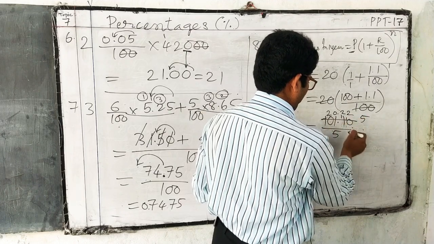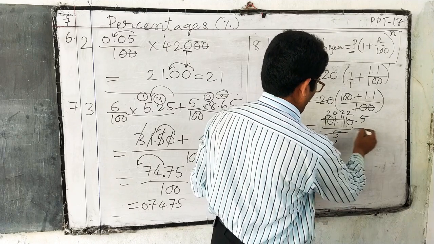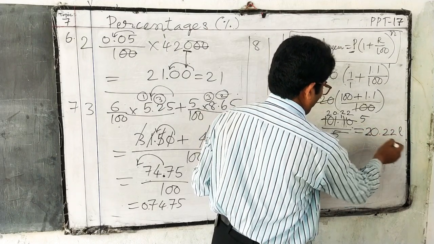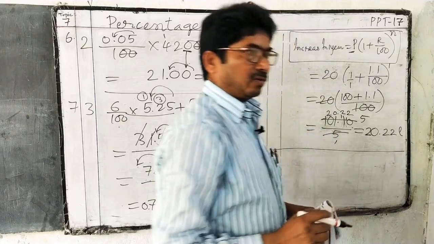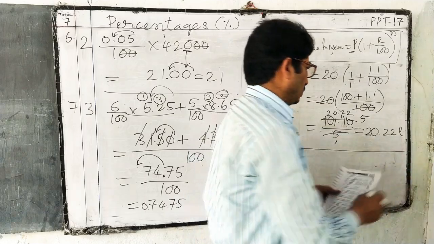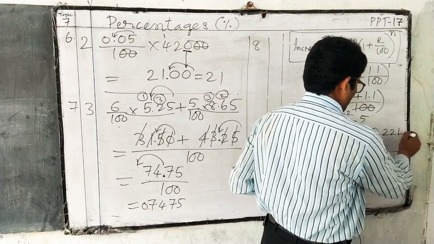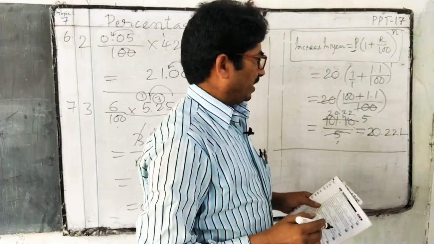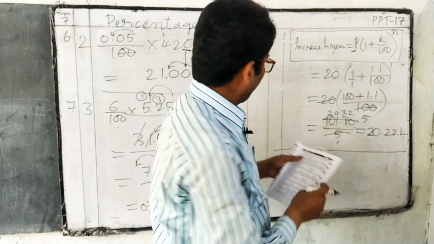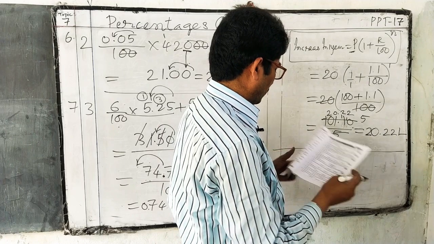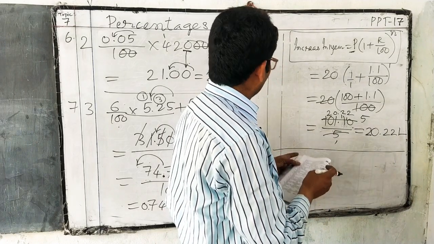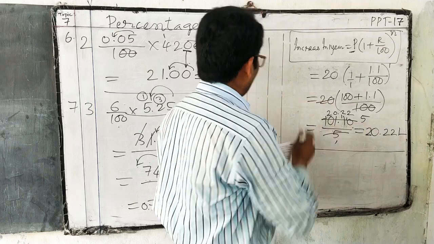So 20.22 lakhs. Next, 1 year population 20.22 lakhs. 20 lakhs to 0.22. 20.22 lakhs. Option 4th.